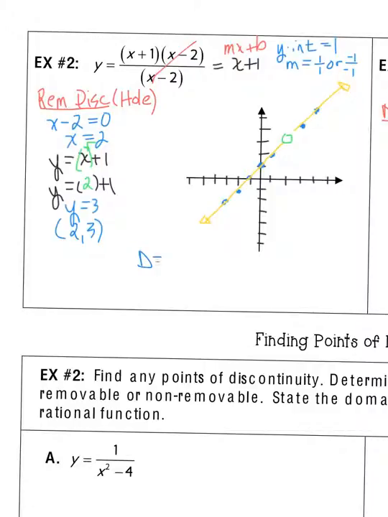My domain goes from negative infinity to 2, then I leap over that hole on this line and continue forever. The only x value that I can't have is 2, so it creates a break, if you will, between negative infinity and infinity.